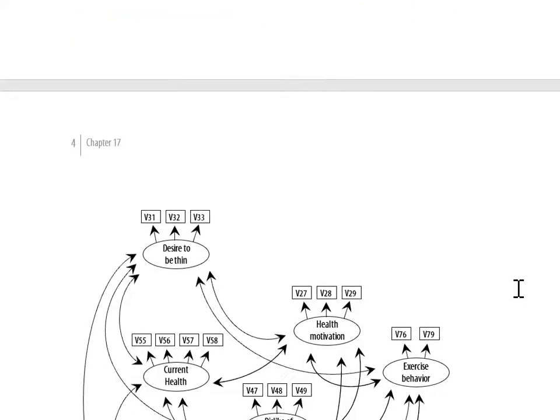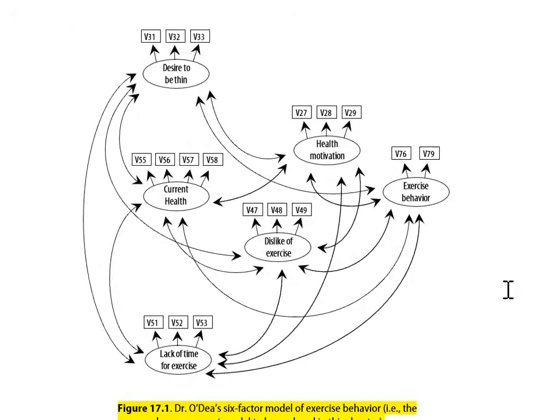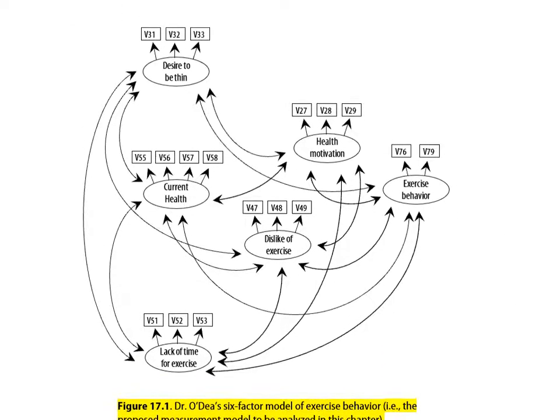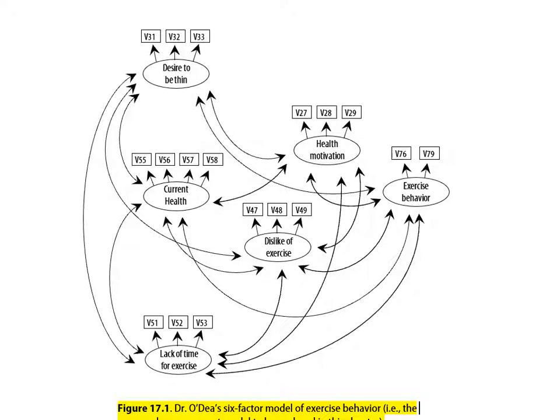We see that figure on page 4, and this should look familiar. This is the same confirmatory factor analytic model I showed you a minute ago. It's the same 6 factors that you saw in the previous figure. This oval represents the factor for exercise behavior, being measured by these 2 questionnaire items. This oval represents the factor for health motivation, being measured by these 3 questionnaire items.